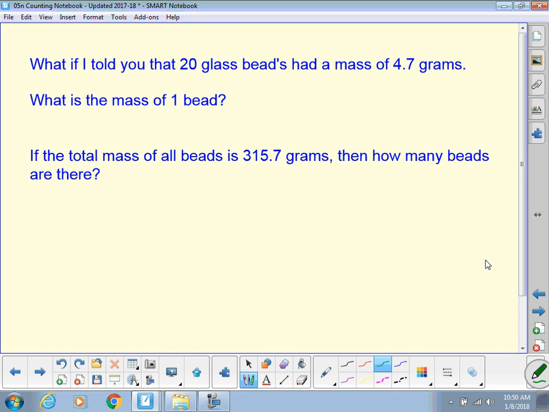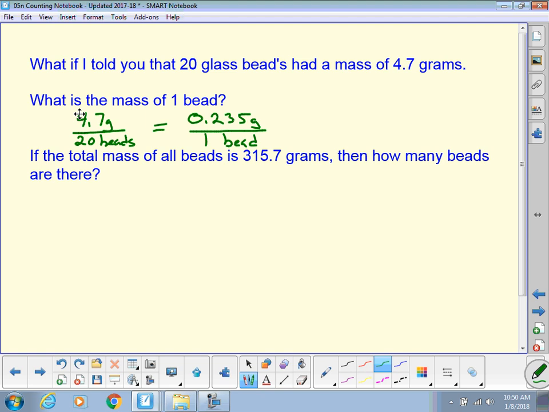Well, since we have a ratio of 4.7 grams for 20 beads, if we were to simplify this ratio, we would end up with 0.235 grams over 1 bead. So that would tell us the mass of a single glass bead in the jar.